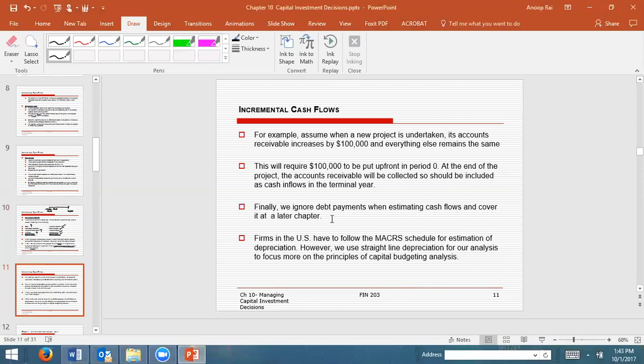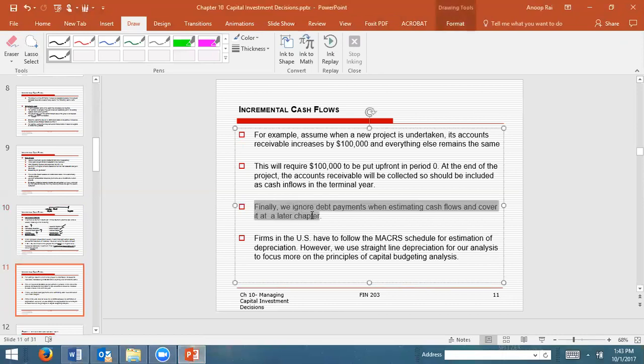So two other things we want to do: in this chapter and in this class, we're going to ignore debt payments when estimating the cash flow. That's important because when we evaluate a project, as you know, the interest on debt is tax deductible, so you can have some benefit. But we don't have to include that in our analysis.